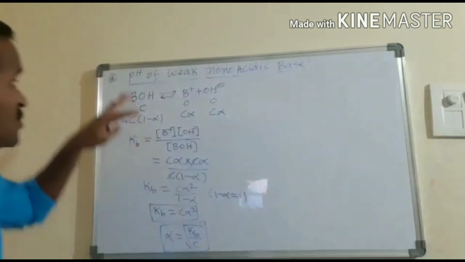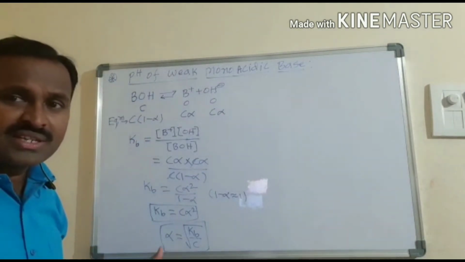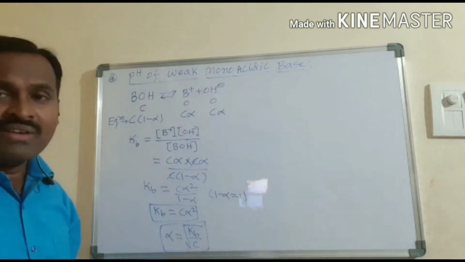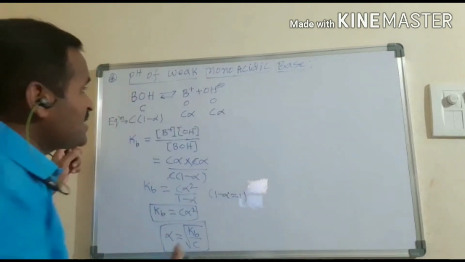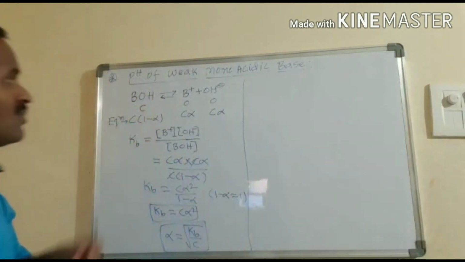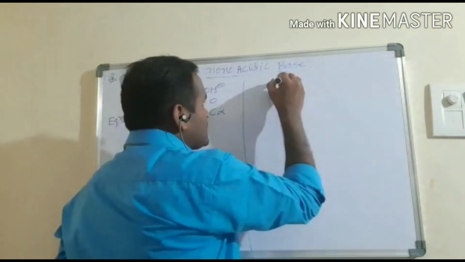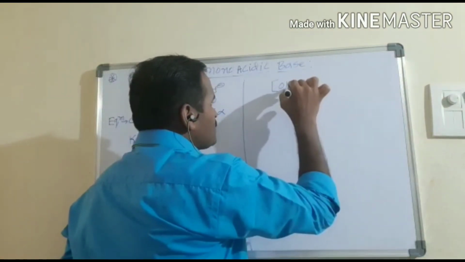But our aim is to calculate its pH. We got the dissociation constant and the degree of ionization, but we want to find the pH of the weak monoacidic base. Here we need the concentration of OH minus ion.